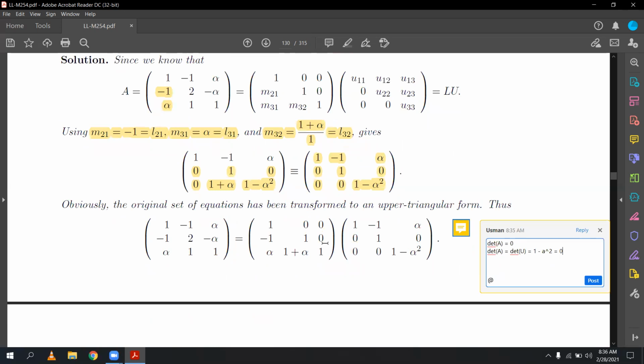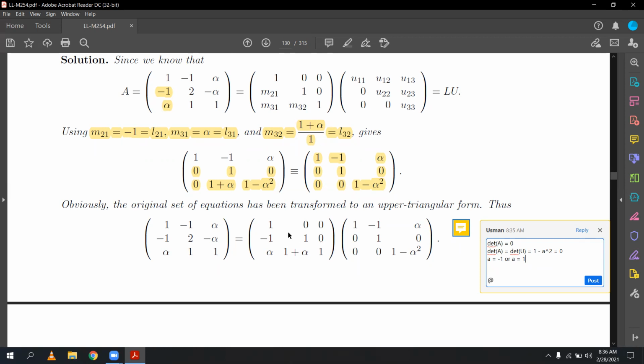When you solve this, the value of alpha is -1 or 1, because 1 minus A squared equal to 0 means A equals plus or minus 1.